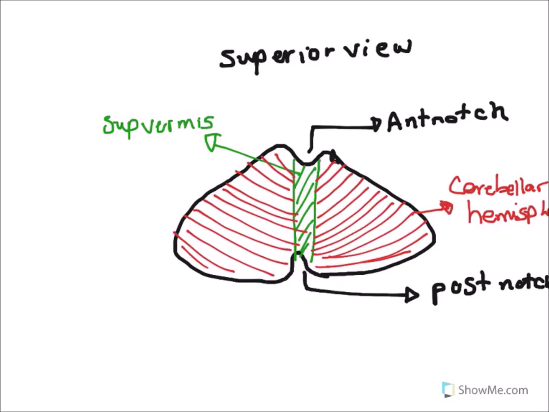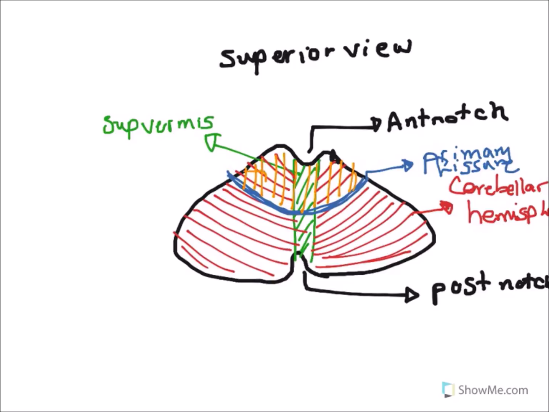We should also identify this fissure, which is obviously seen on the superior surface of the cerebellum. This fissure is called the primary fissure. The primary fissure separates the anterior lobe of the cerebellum from the posterior lobe of the cerebellum.